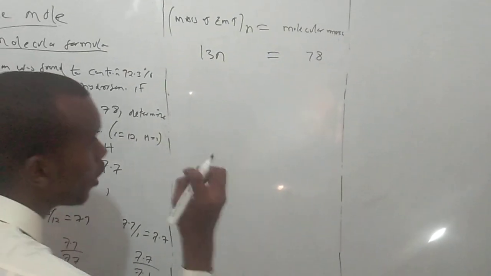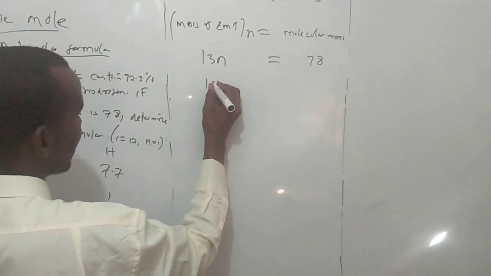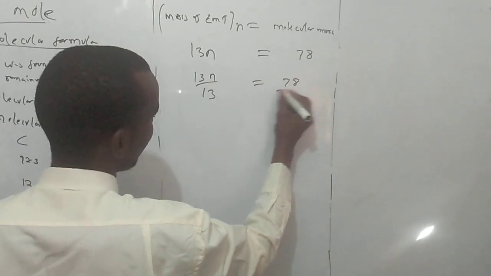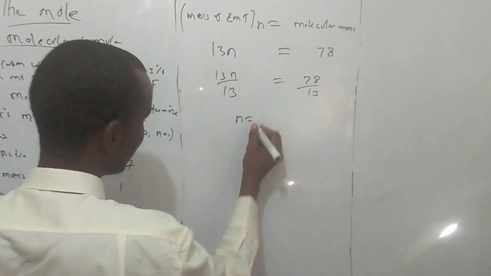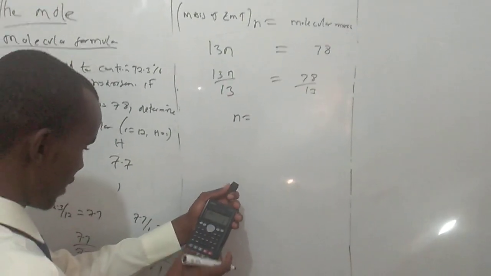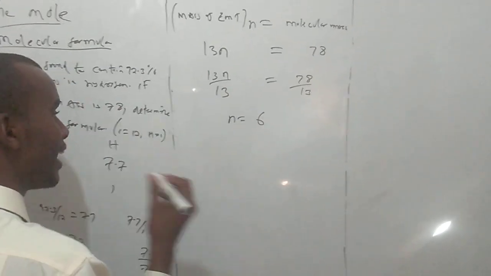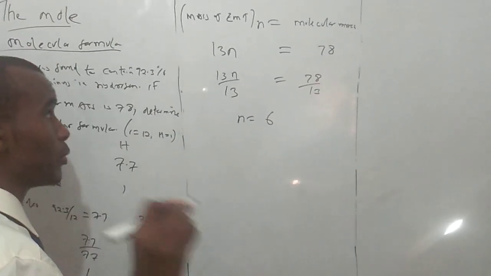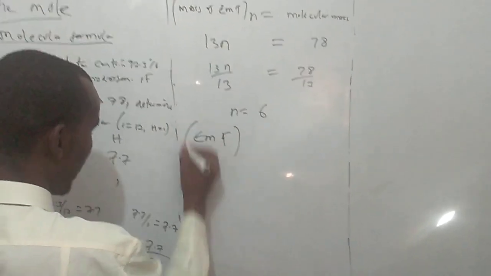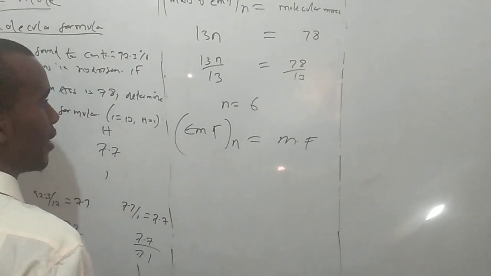Now we get the value for N by dividing by 13 on both sides. So we take 13N over 13 equal to 78 over 13. N is 78 divided by 13. N is 6. Now remember we said EMF times N will give us the molecular formula.